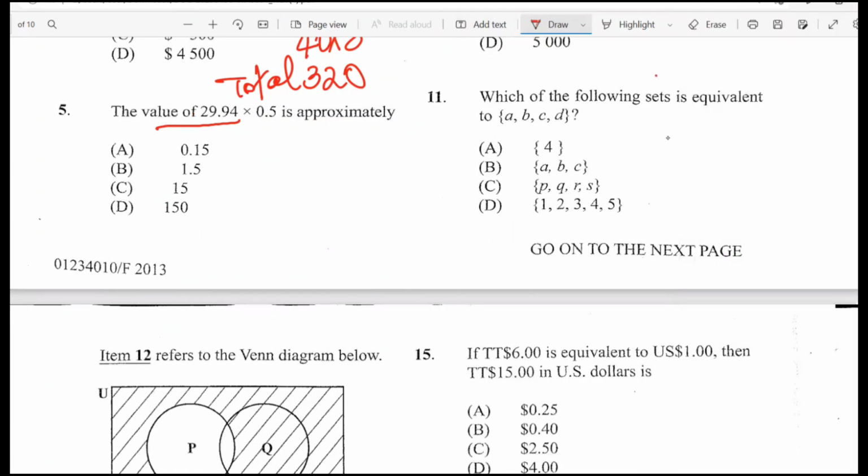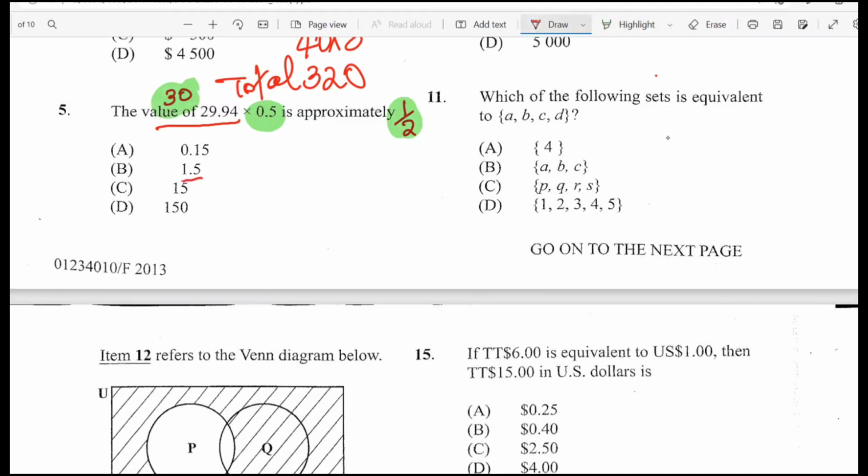I would want you to focus on this decimal here. 0.5 is what we classify as a half. Now, 29.9 is approximately 30. So technically what you're thinking of is this idea. A half of 30 is close to which one of these?